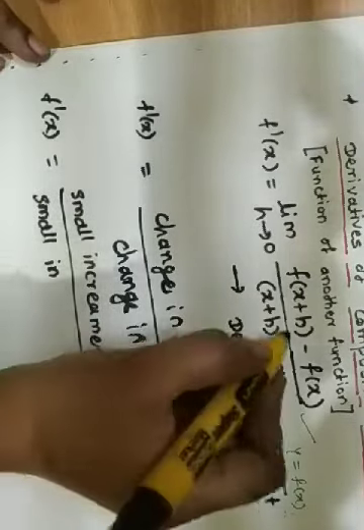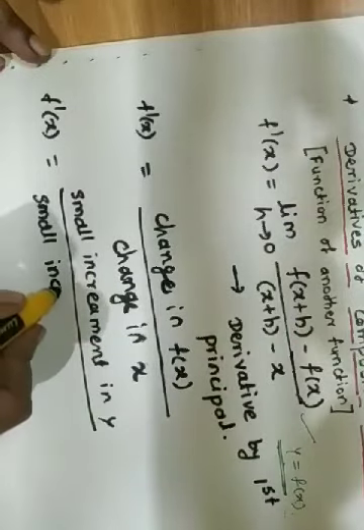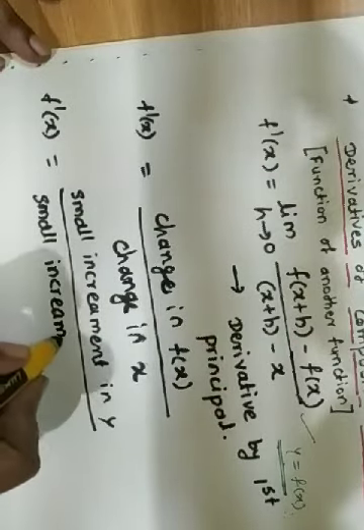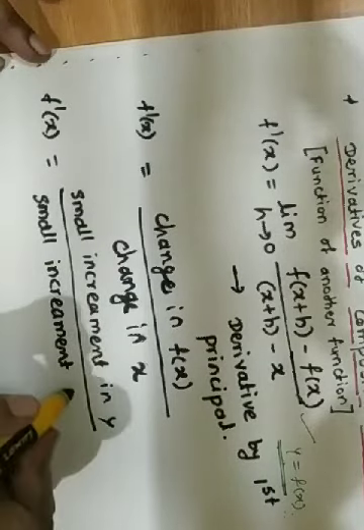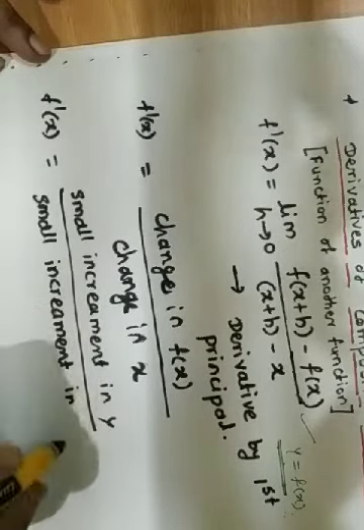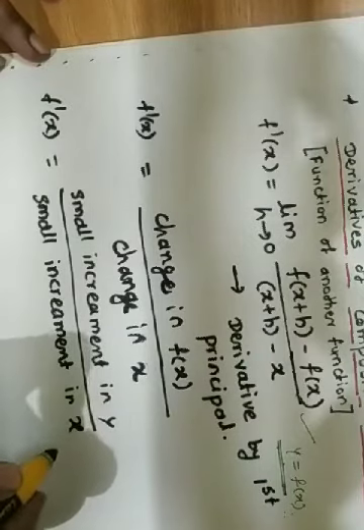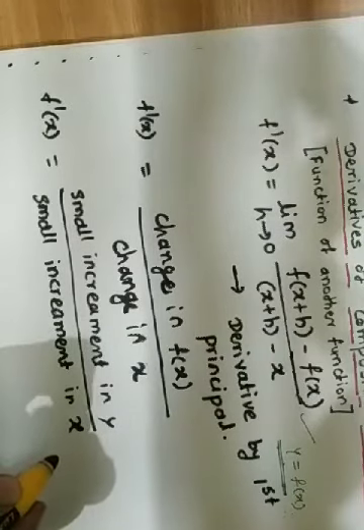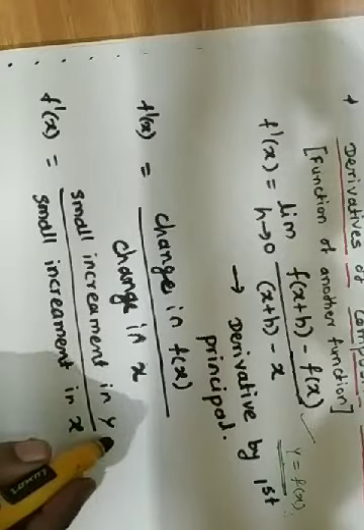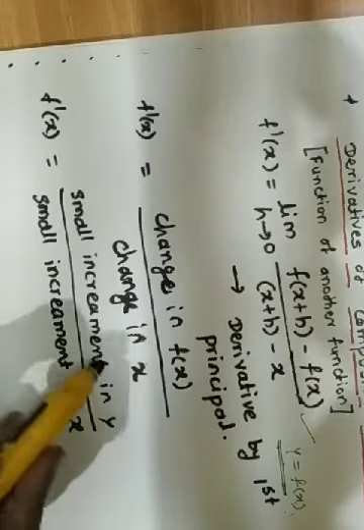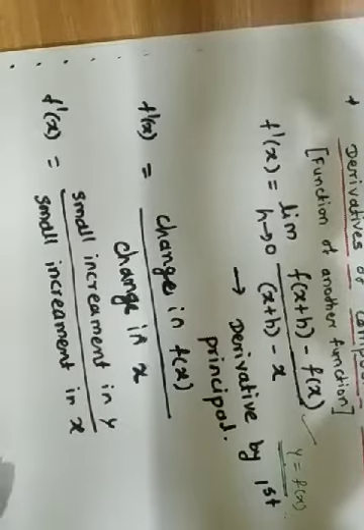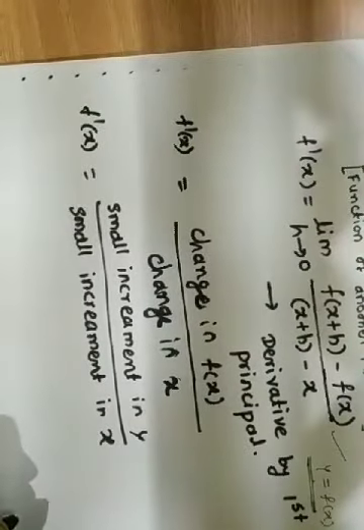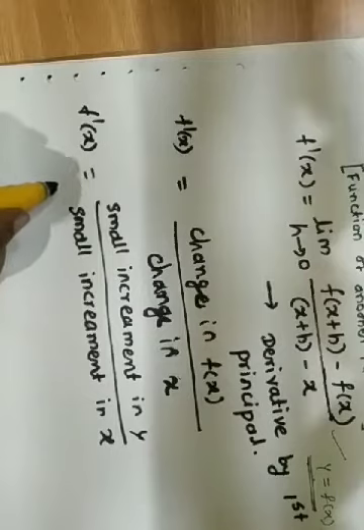That is h. This function is increasing by this small increment in x. This is change in f of x, and this is change in x. That means there is small increment in y and small increment in x.